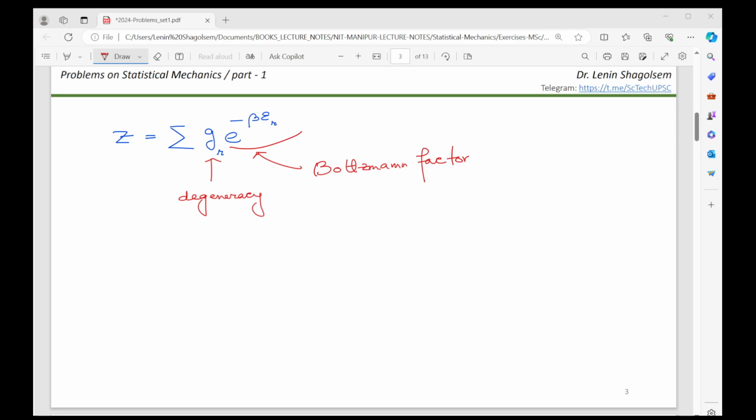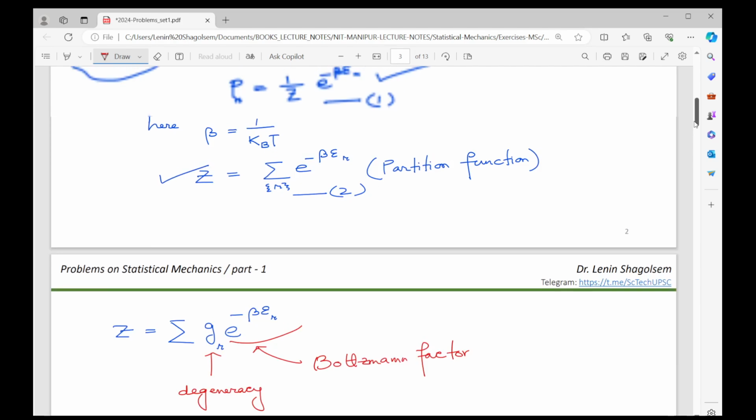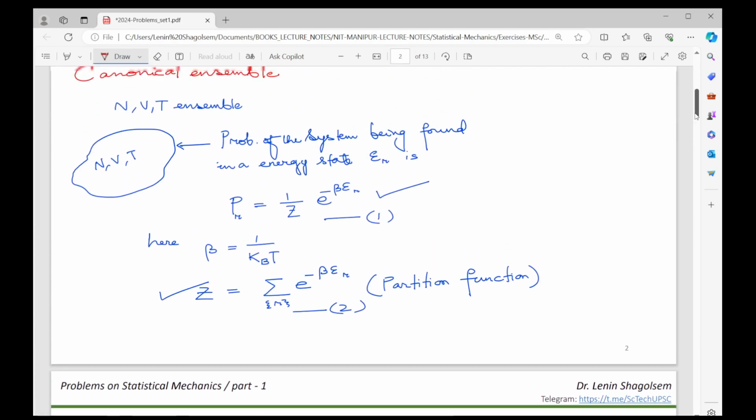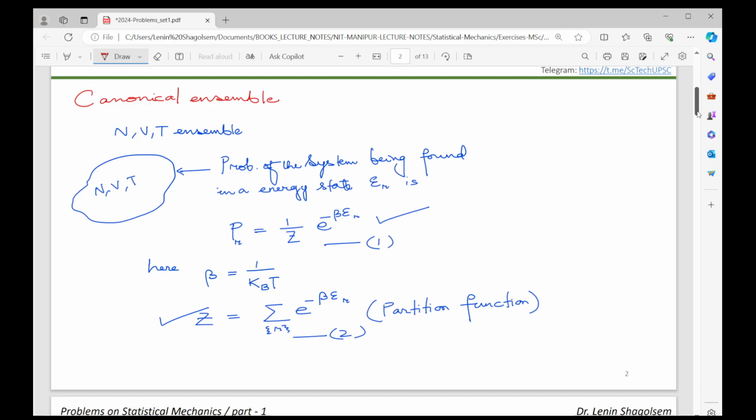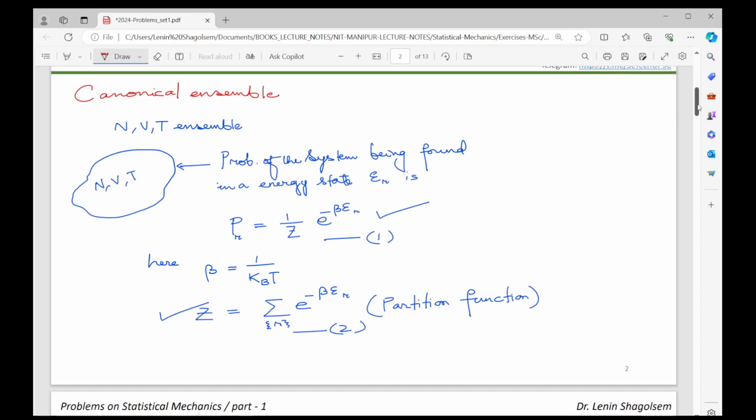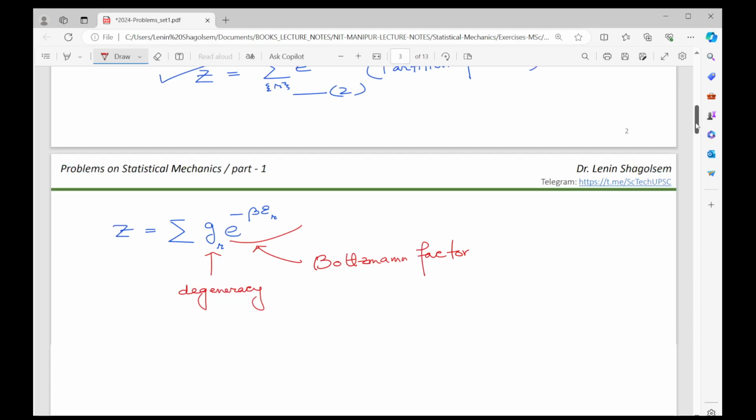So the next relevant question here is, what is the value of average energy of the system, or say, what is the average mean energy of the system? Very simple. Since we know the probability of the energy distribution in the system, which is given by equation 1, we can immediately write down the mean energy as follows.